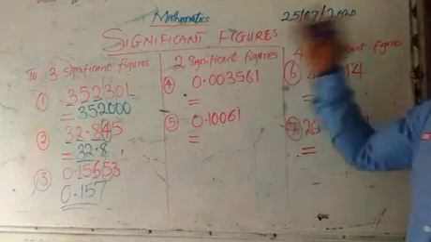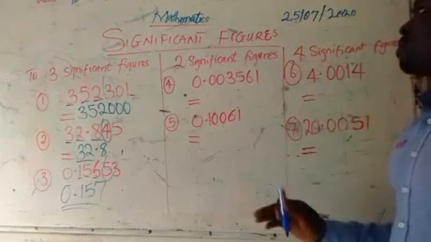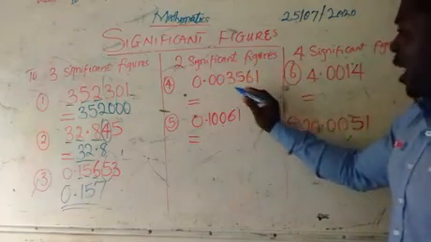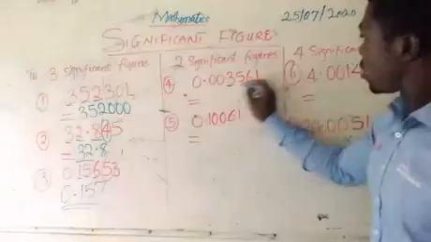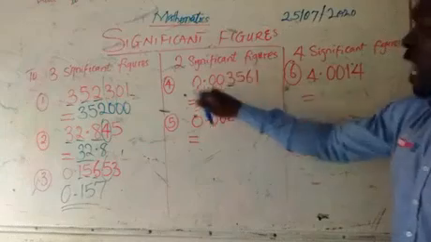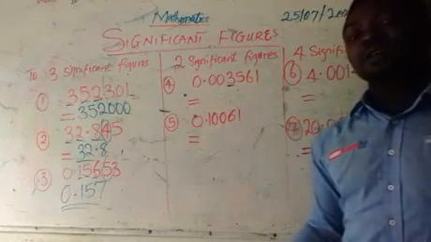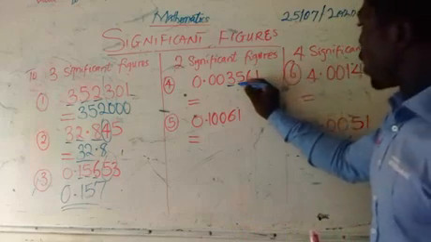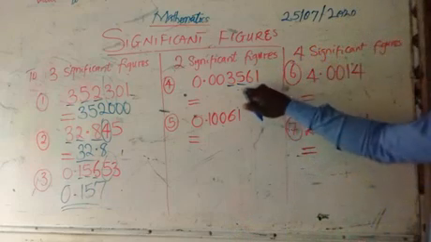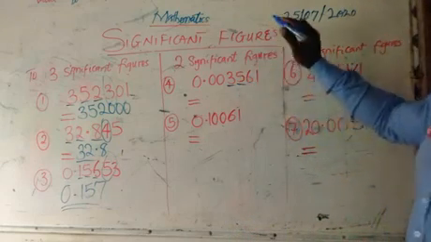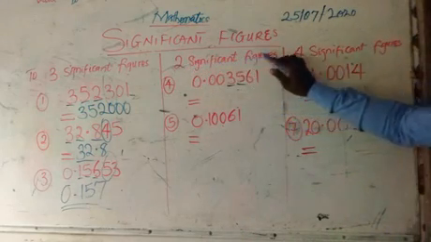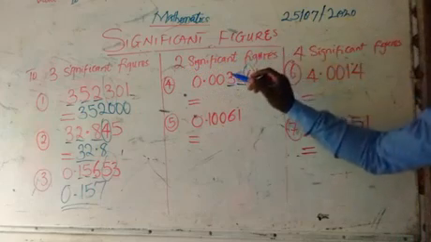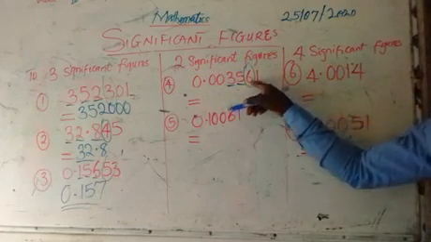Now, let's come to 2 significant figures. The first significant figure here is 3, because all these are zeros and they are not significant. They are insignificant in this case. So we have the next one to be what? 5. Since we are required to leave it in 2 significant figures, the next digit is what we are going to consider now, which is more than 5.